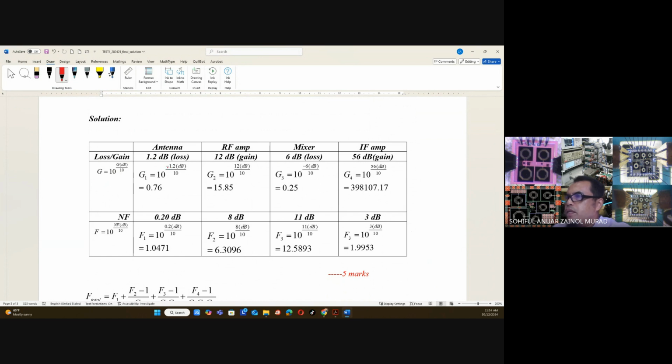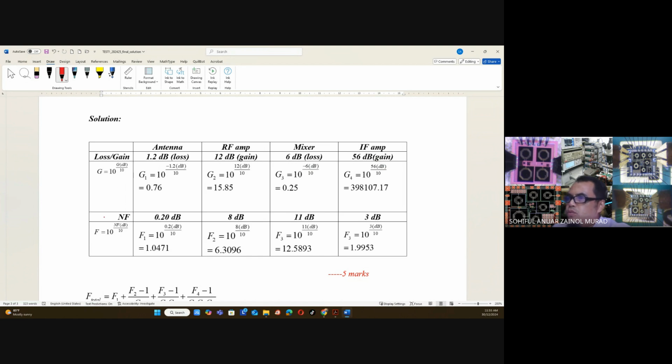If positive, it is gain, right? So don't forget the negative here. Just apply into this equation and we get the value. Similar with the RF amplifier and mixer. The mixer also has losses, so don't forget the negative here. Divide by 10, 10 to the power of negative 6 divided by 10, we get this value. Similar with the IF amplifier, the gain is 56, so we get this value.